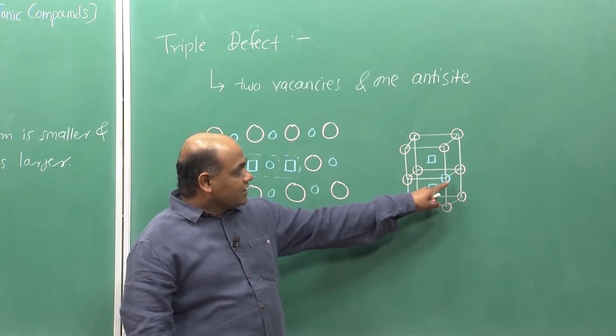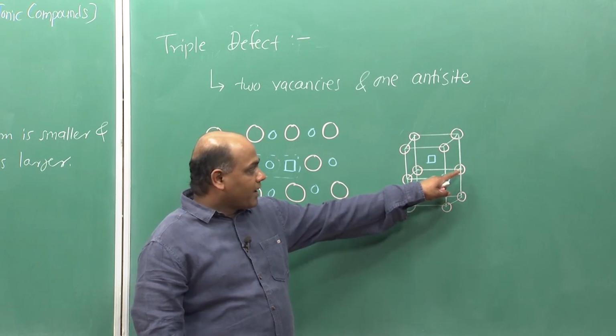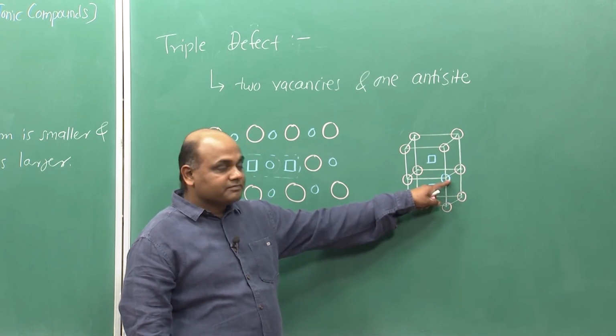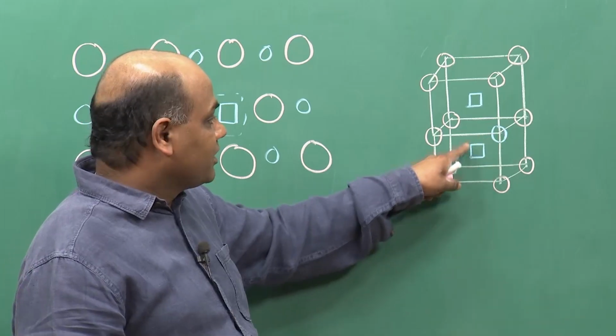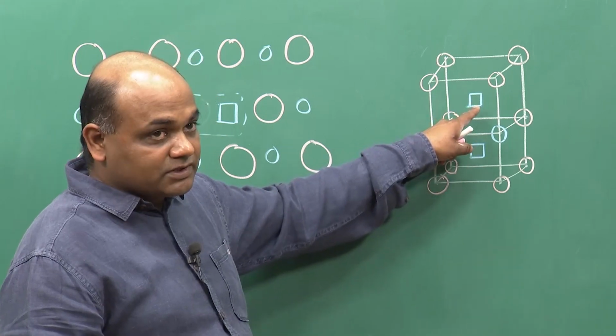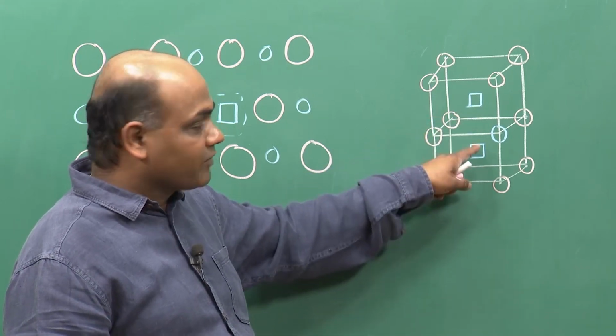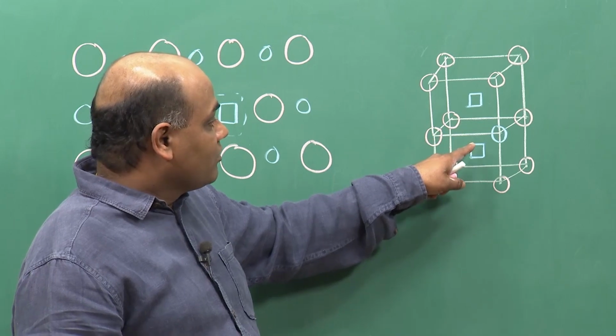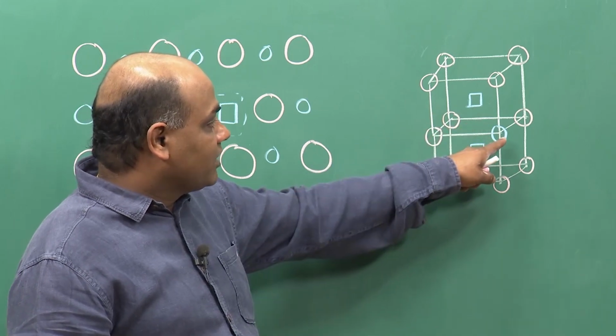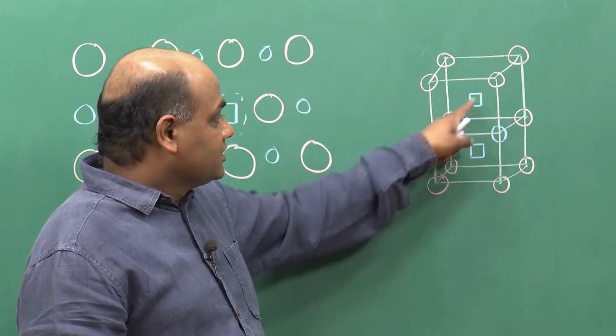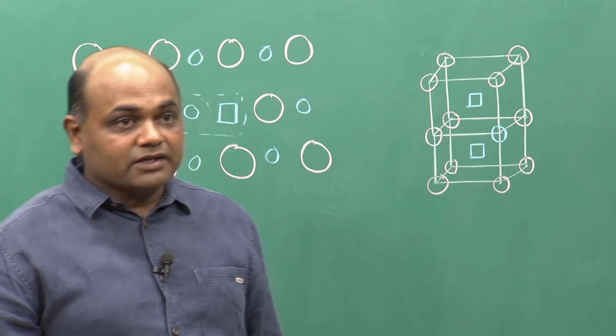You can see there is one A atom which is occupying the B sublattice, and the 2 body center sites which are supposed to be occupied by A atoms are vacant. So, the 2 vacancies on A sublattice and one A anti-site. This is how the triple defect would look like in a B2 structure.